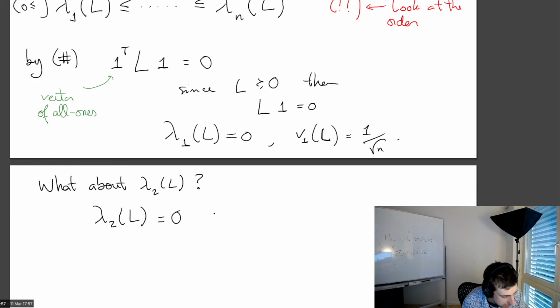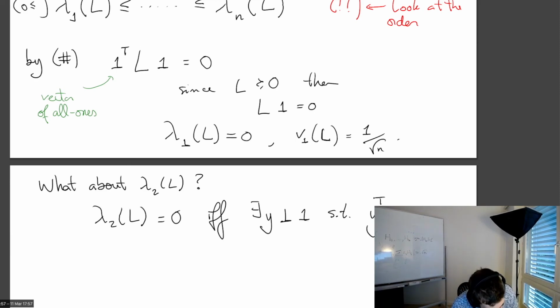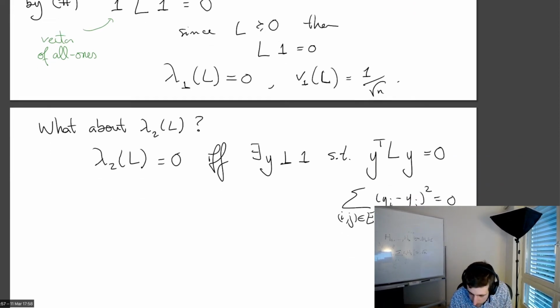This is 0 if and only if there exists a vector y that's orthogonal to the smallest eigenvector, the eigenvector associated with 1, such that y transpose Ly is equal to 0. In other words, such that the sum over all edges ij of (yi minus yj) squared is 0.